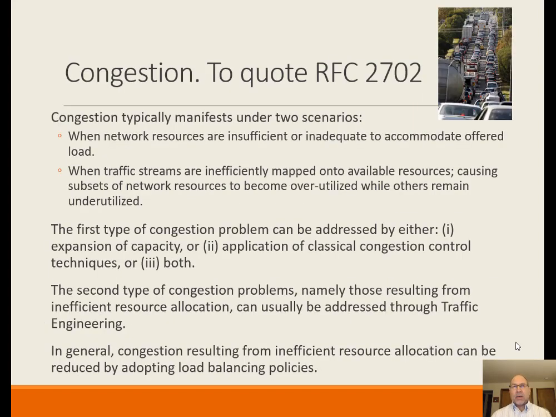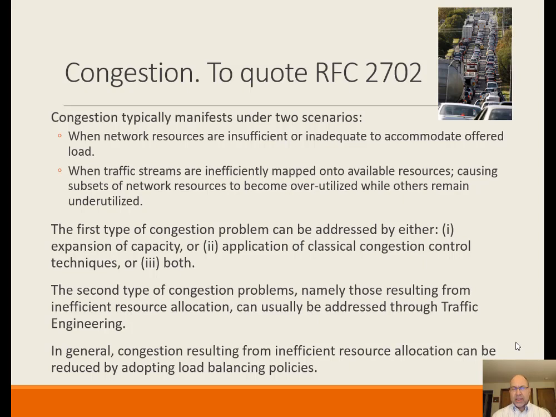Now, a big topic that's related to this is the idea of congestion. Just think about roadways, right? When you have congestion on highways, well, the highway resources are insufficient or inadequate to accommodate all of those cars. Same thing with routing. We have a lot of packets, we don't have enough in the way of resources.